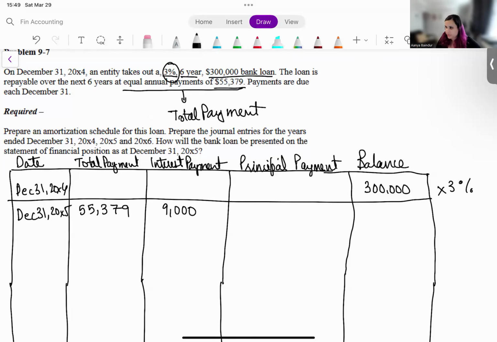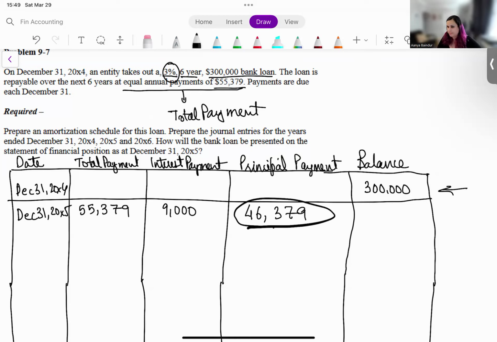That's how much interest we are paying. At the same time, there's a principal payment involved. The principal payment will be the total payment minus this amount. 55,379 minus 9,000 gives you 46,379.